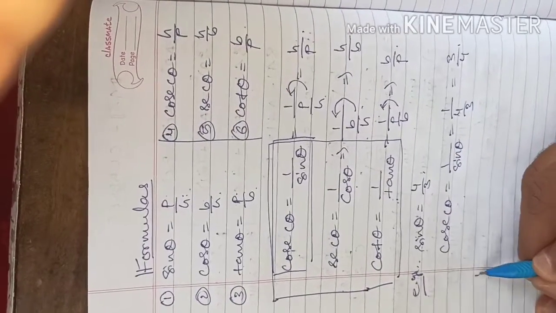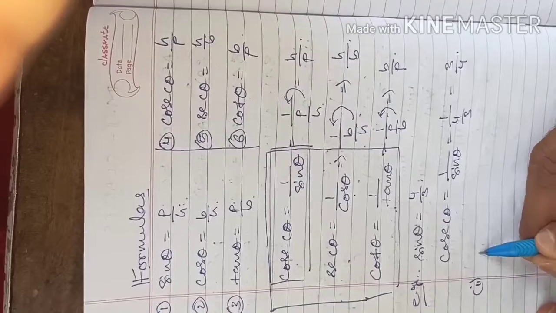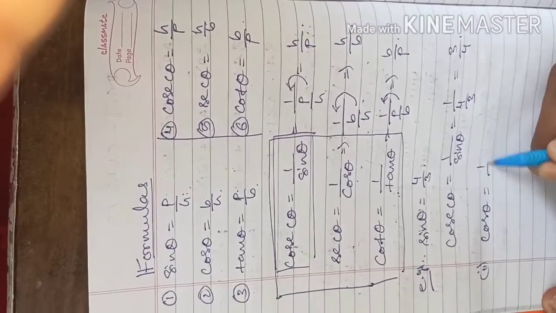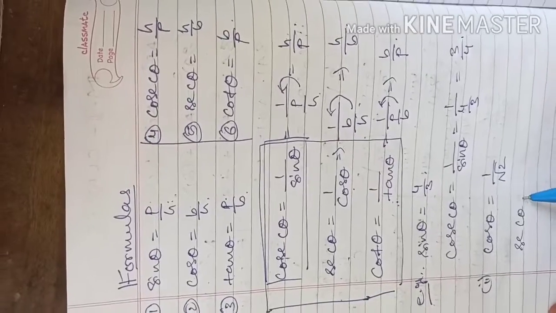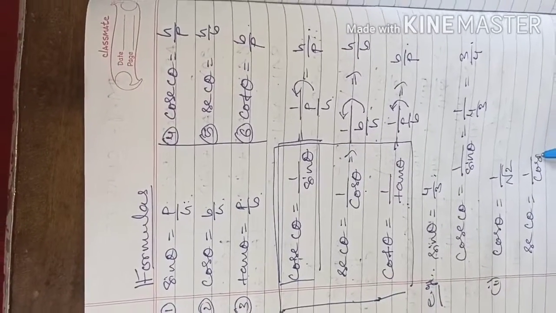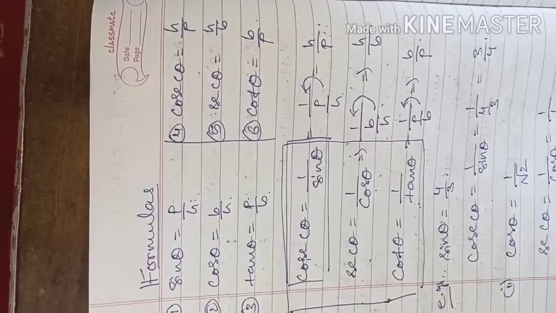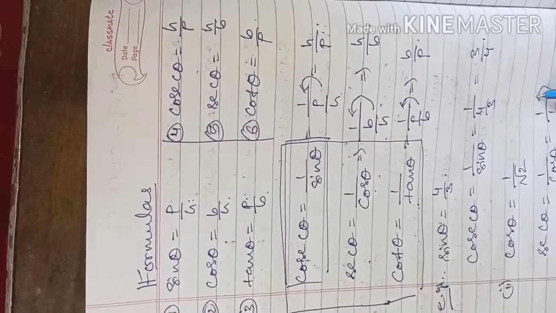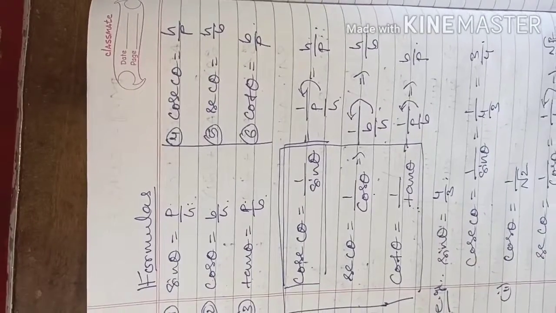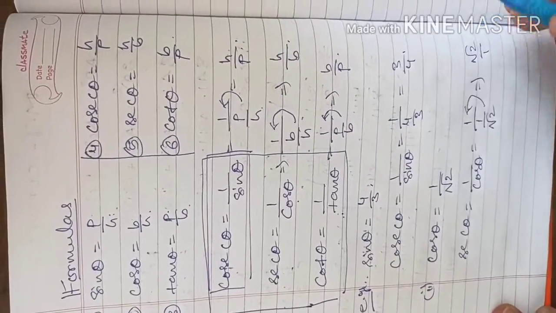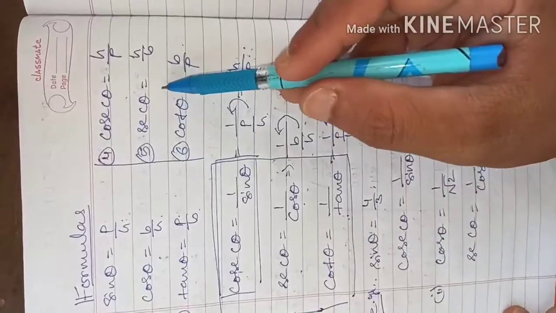One more example. Suppose cos theta is 1 by root 2. Sec theta is 1 by cos theta, 1 divided by 1 by root 2. When it goes to the numerator, it is root 2 by 1. Getting it? Like this we get the reciprocal of this formula.